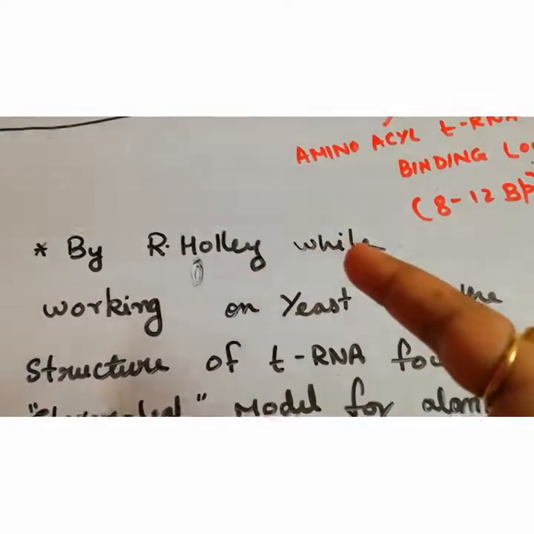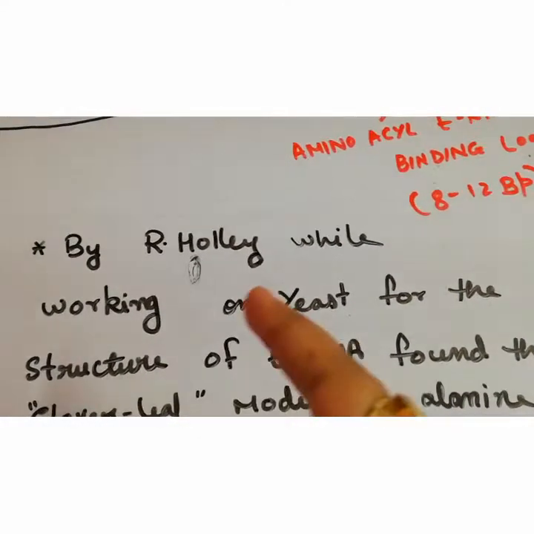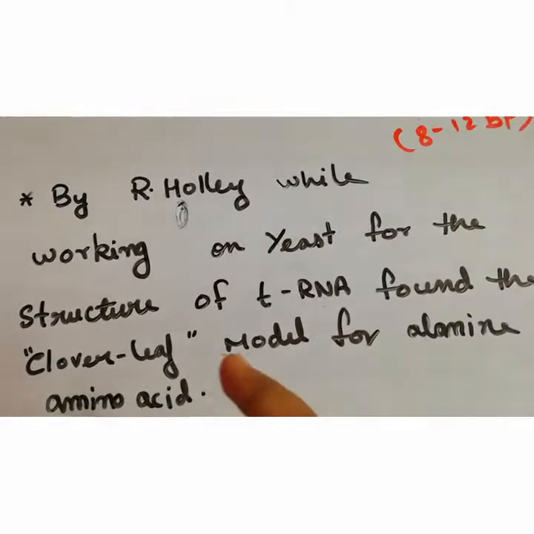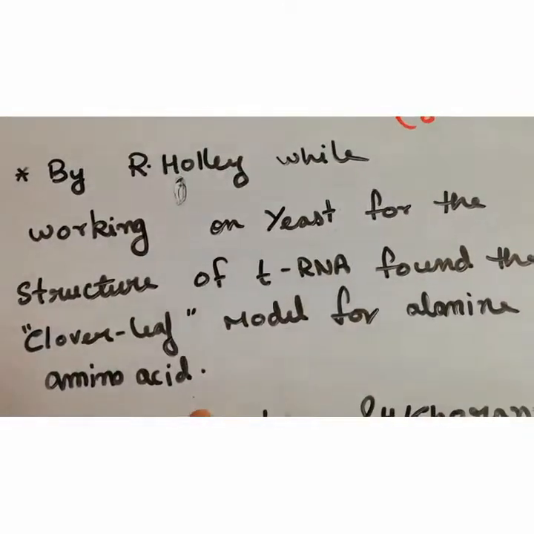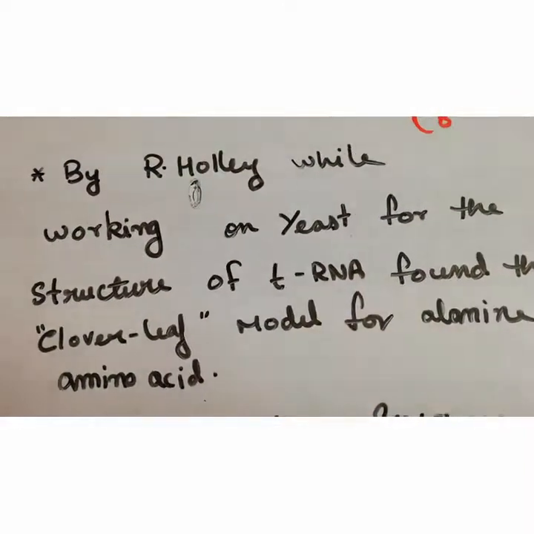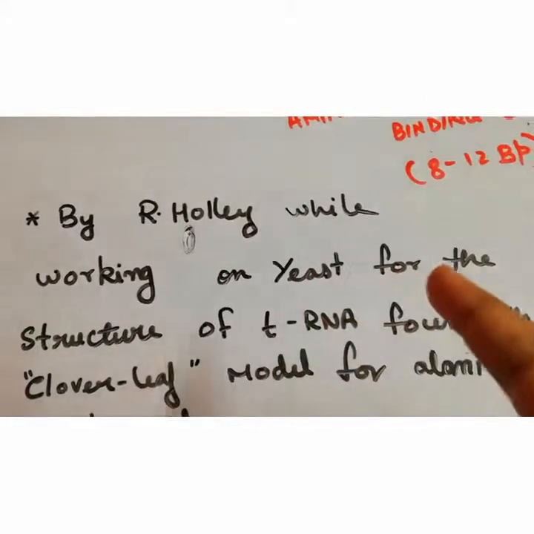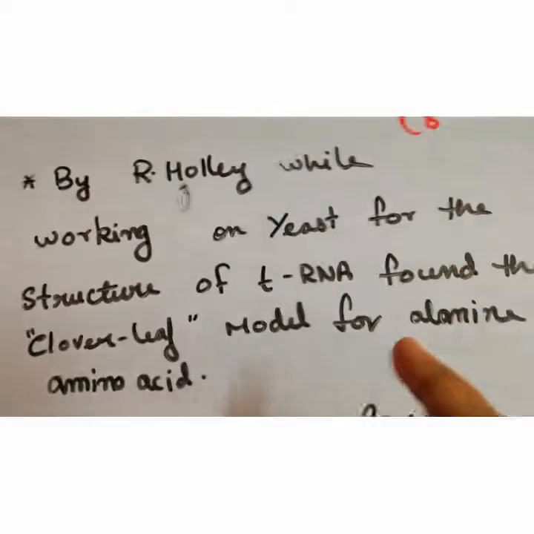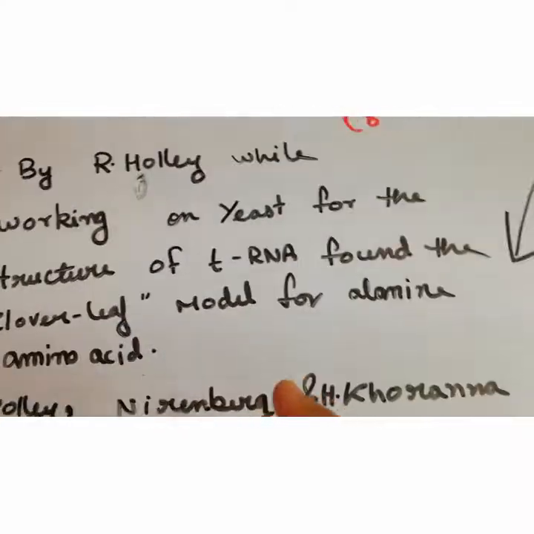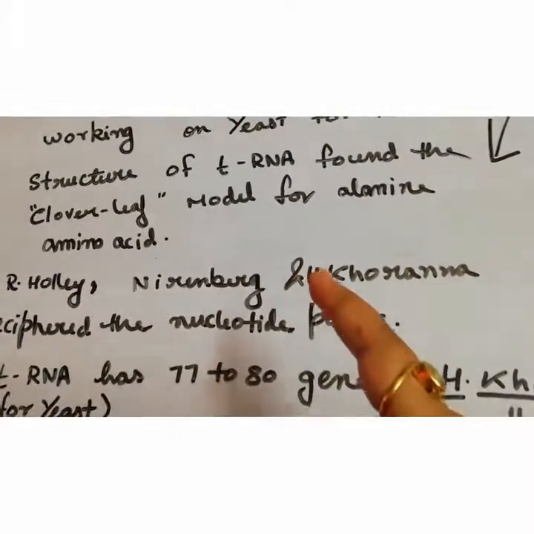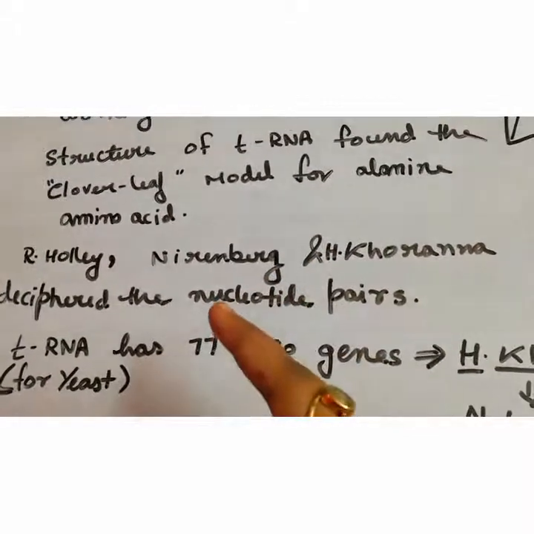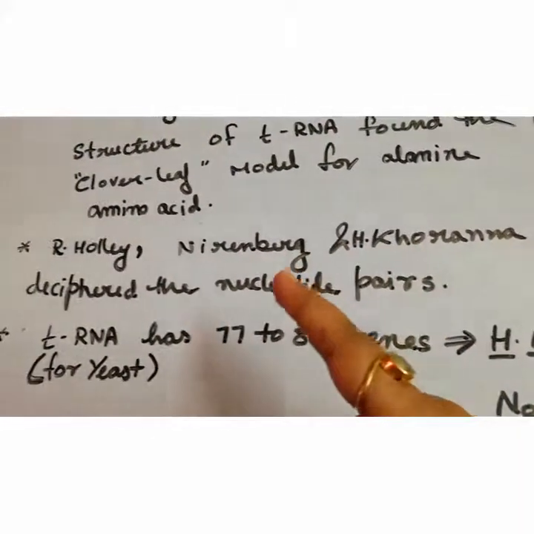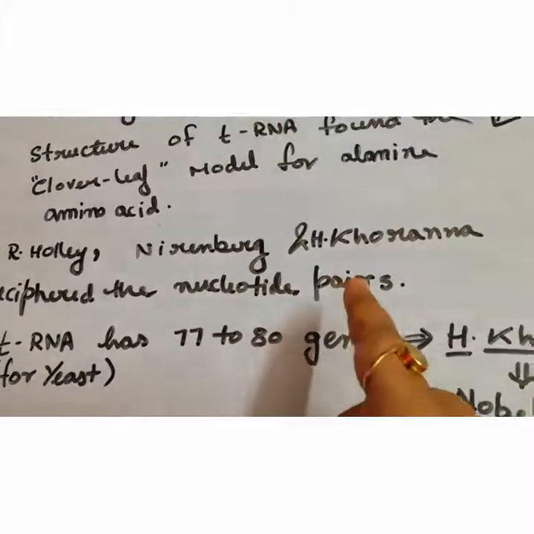By R. Holley, while working on yeast for the structure of tRNA, the cloverleaf model was found for the alanine amino acid. So R. Holley was the first one to give this model. R. Holley, along with Nirenberg and Har Gobind Khorana, deciphered the nucleotide pairs.